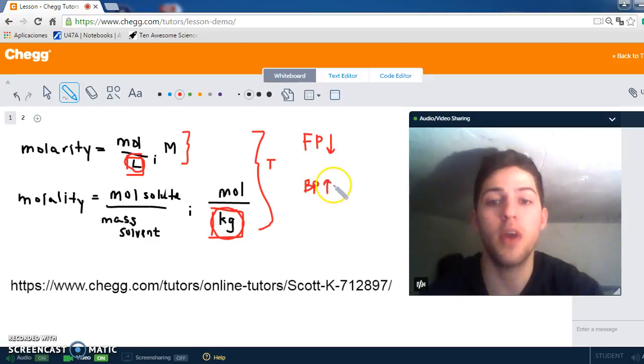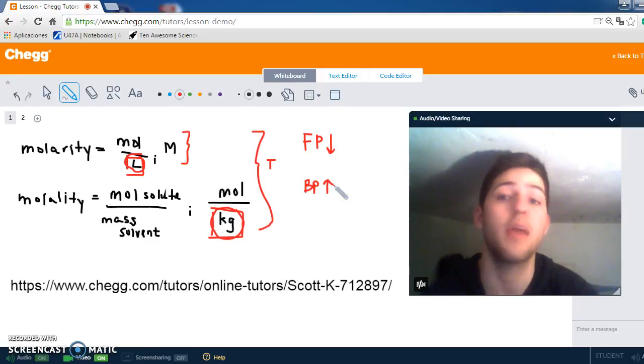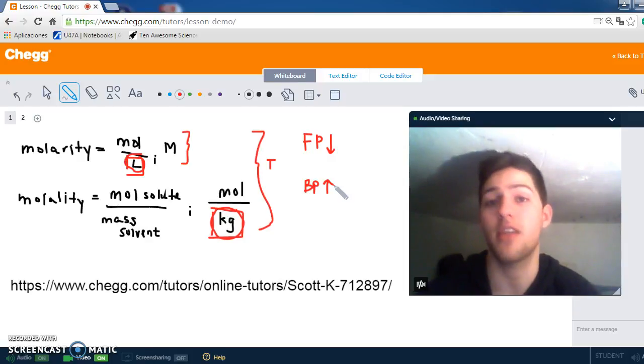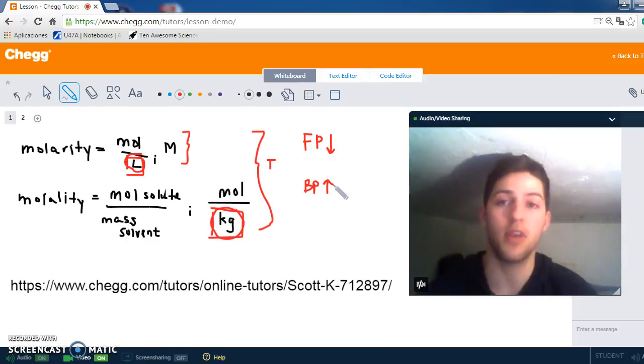Both of these two equations incorporate molality, and the reason for that is because there's going to be a temperature change involved. Because of that temperature change, we don't want to use molarity in this case. We want to use molality. So when it comes to certain colligative properties, you might end up seeing molality, and I'm sure that there are many different types of chemical equations that incorporate molality versus molarity.